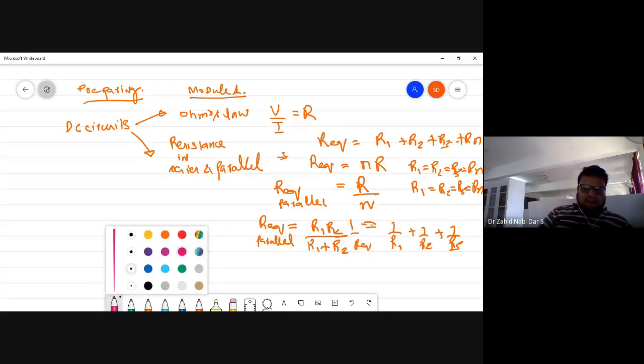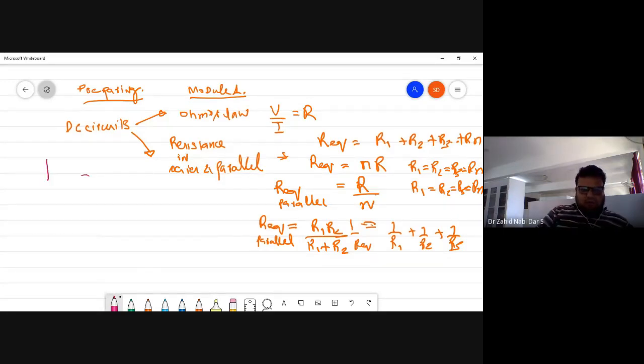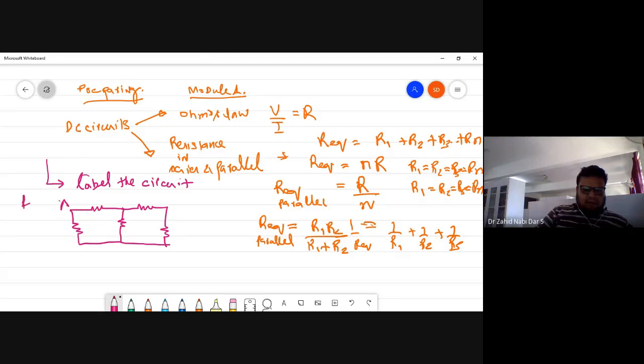Series and parallel combination: any circuit can come, and how to see series and parallel? Whenever you get any circuit, you label the circuit. Labeling is very important. Suppose I'm drawing this as my circuit. Now I have drawn this circuit, and I'm telling you to calculate the R equivalent value.